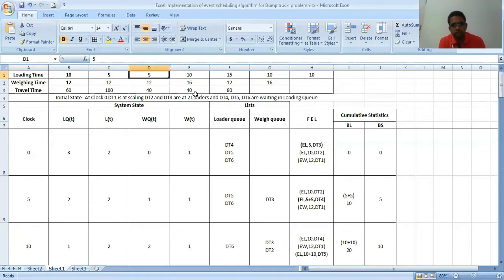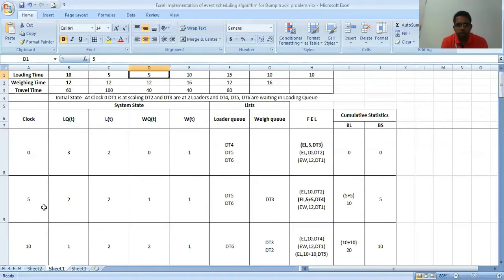So the third dump truck, dt4, is assigned a loading time of 5. From clock time 5, after the next 5 clock times, the loading of dt4 will end. That's the reason the loading of dt4 will end at clock time 10.